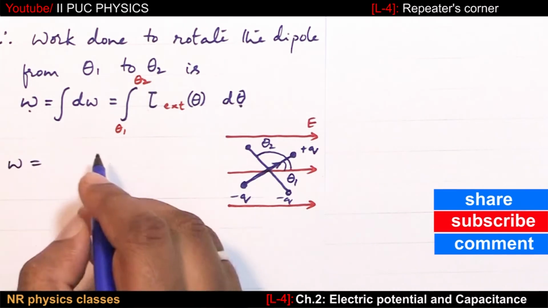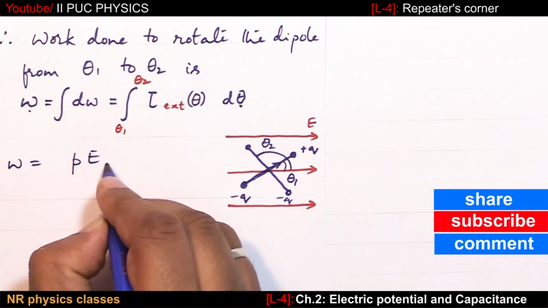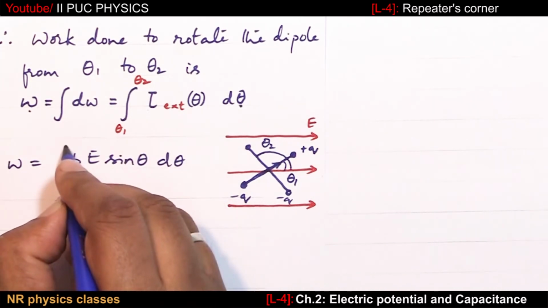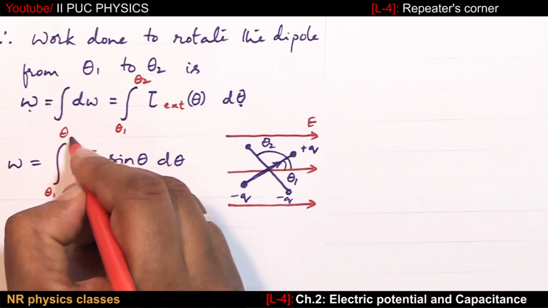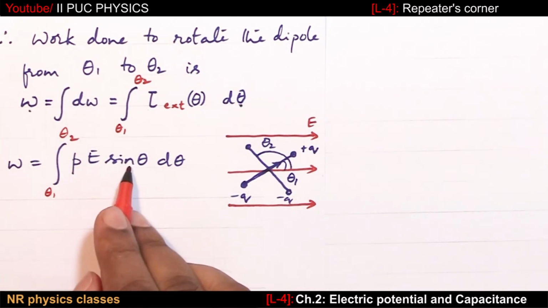Okay. Work done equal to integration of P E sin theta d theta, limits are from theta 1 to theta 2. P E constant, integration of sin theta is minus cos theta.